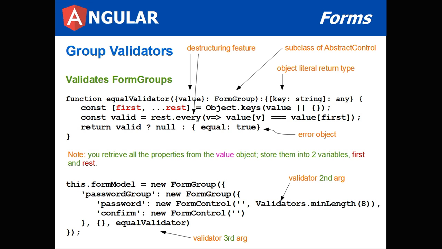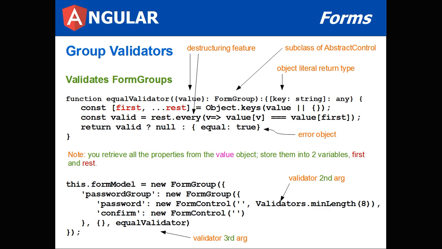So when I create my form group for password group, I actually added an equal validator to that group. So notice my validator is for an embedded form group of my form model group.